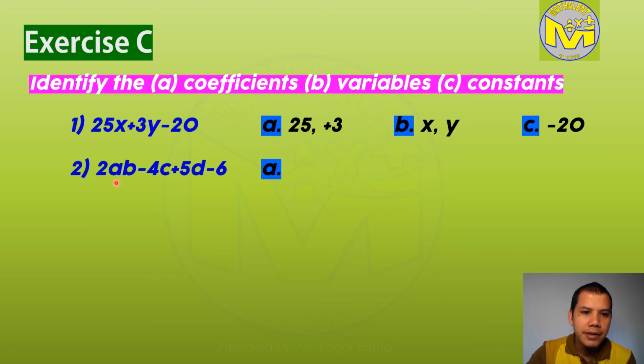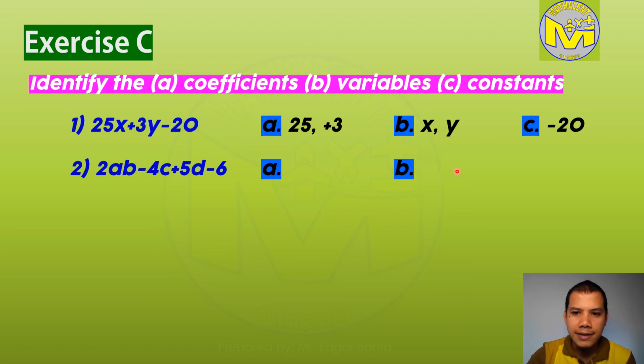In term 1, we have two variables, A and B. So write A and B right away in letter B: A, comma, then B. And then in term 2, we have C, comma, C. And then in term 3, we have D. So write D. What are the answers in letter B? We have A, B, C, and D.